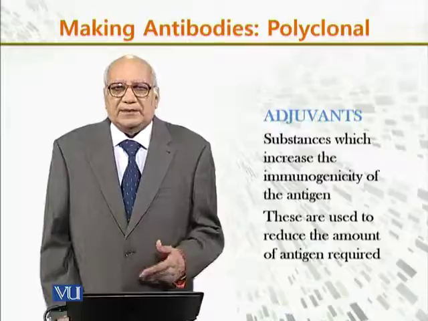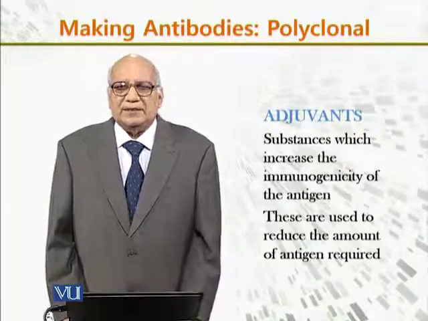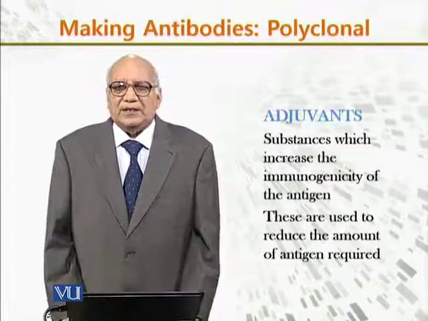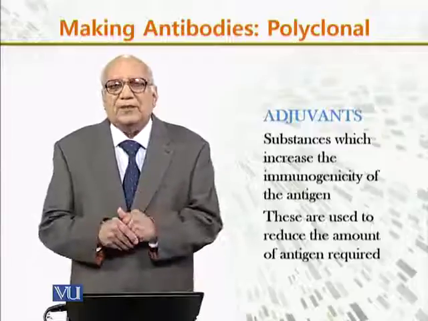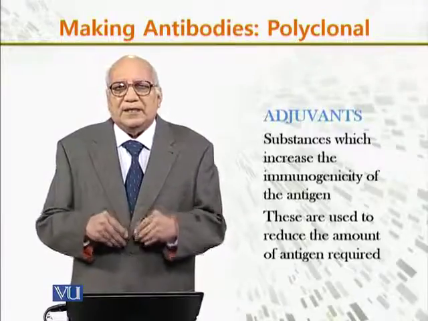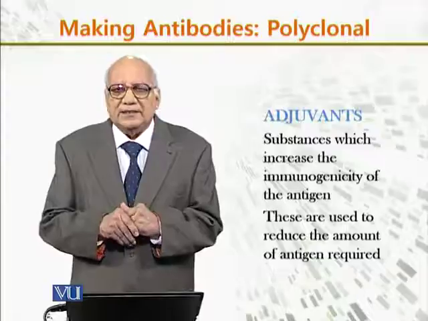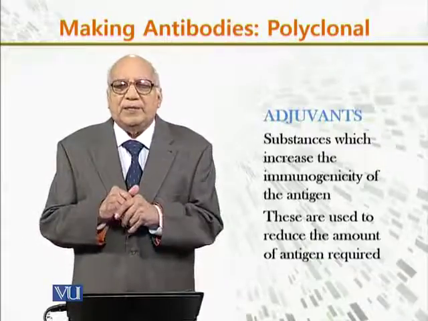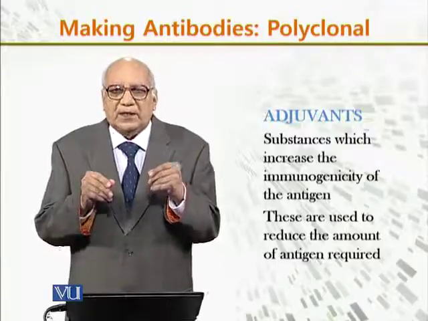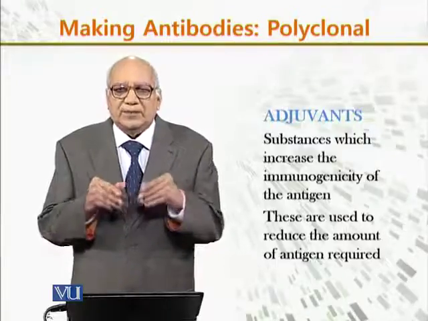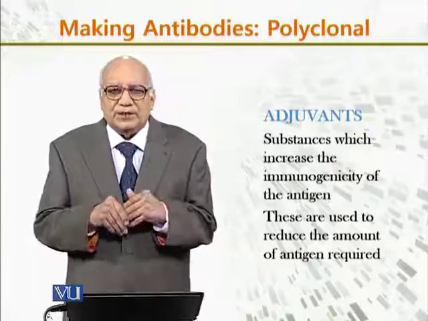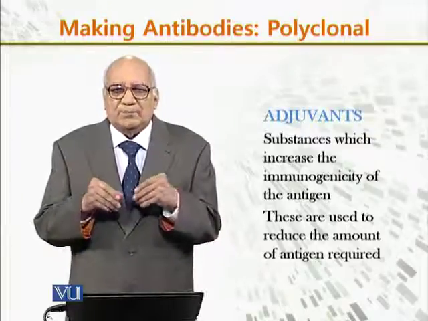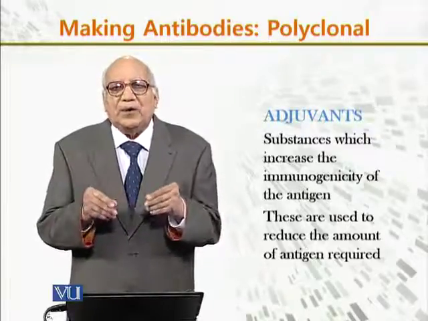Now, adjuvants are substances which increase the immunogenicity of the antigen. The immunogenicity of the antigen is increased by chemicals known as adjuvants, and adjuvants are used to reduce the amount of antigen required.